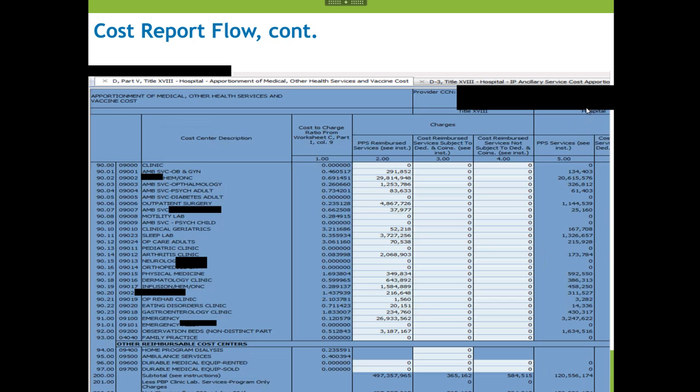Here's a part of D Part 5. The same thing happens for these outpatient OPPS charges. Same cost to charge ratio multiplied by the Medicare only outpatient charges, OPPS charges, gives you the OPPS cost.